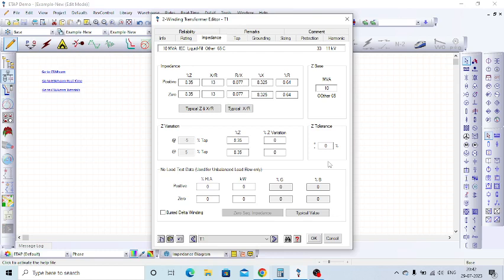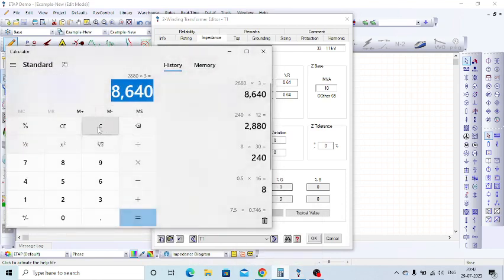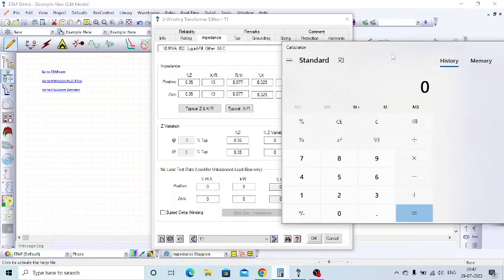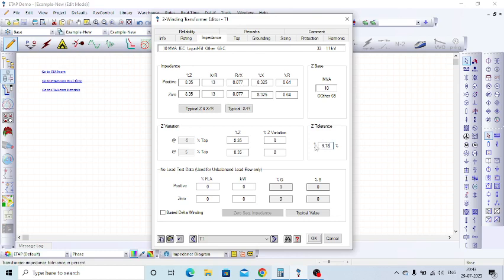Suppose it is 10 percentage positive tolerance, then the nominal tap 8.35 percentage is multiplied by 1.1, that is 10 percentage. So the new transformer impedance will be 9.185. That is how we consider 9.185 impedance for the load flow analysis.